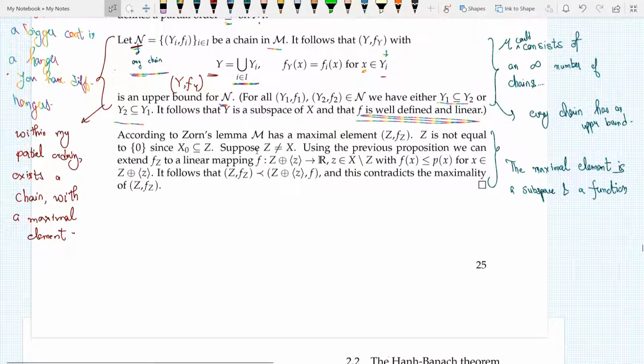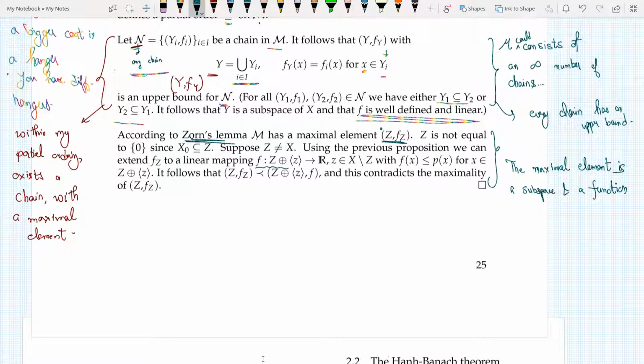So now if I extend to the linear mapping, it follows that Z, f Z is less than or equal to Z direct sum span of z, f. And this contradicts the maximality of Z, f Z, because Zorn's lemma said that M has a maximal element, and when we say that this Z is not equal to all of X, then using the previous proposition we can further extend this Z, but this violates the condition that this was my maximal element.